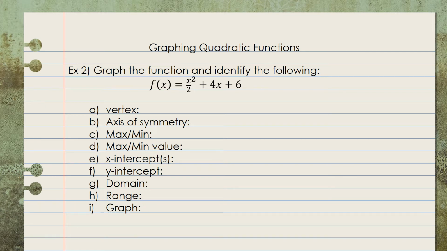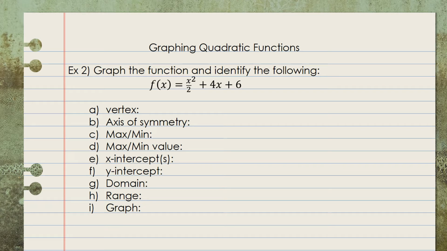D, the max or min value. E, the x-intercept. F, the y-intercept, G domain, H range, I graph. So in this case, the one extra piece we're looking for is the y-intercept.